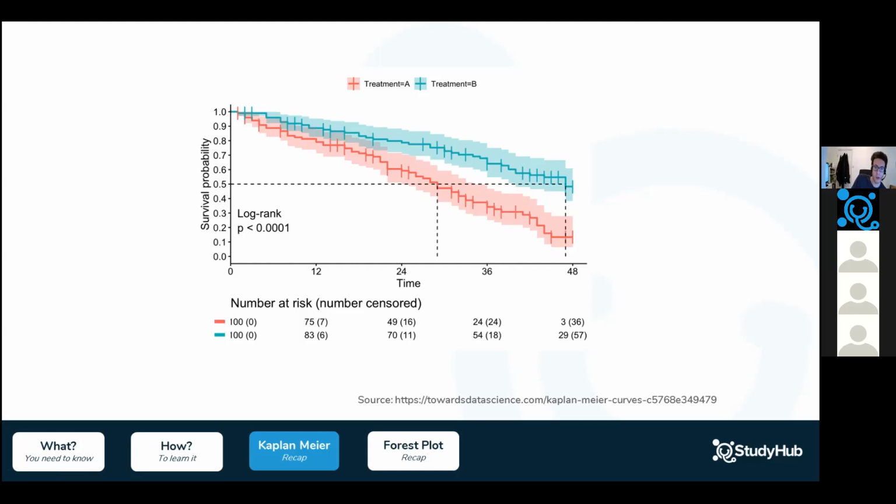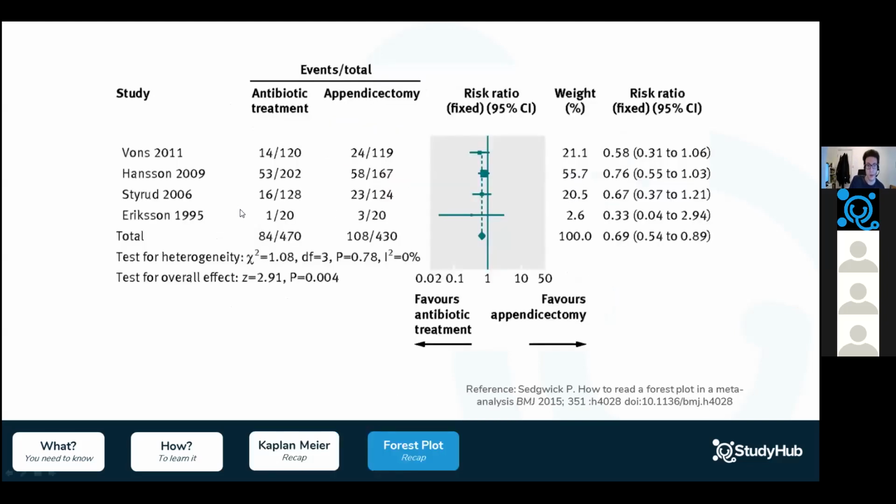Right, well, since there are no other questions, I'll move on to the forest plot. So the forest plot is another one that can appear a bit intimidating. And I've actually taken this forest plot from my friend Sedgwick. It looks intimidating, and sometimes these forest plots actually are not, like this one only has 4 studies.